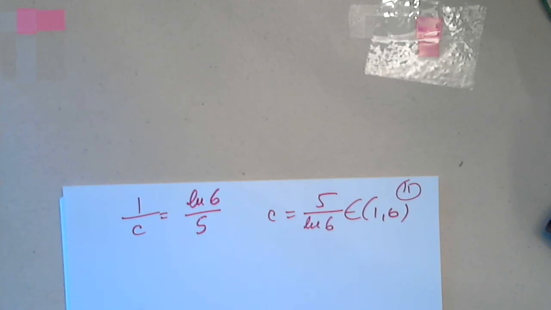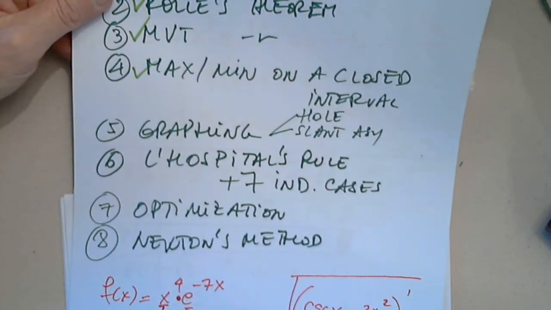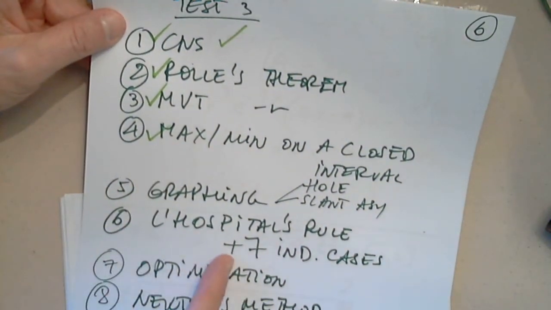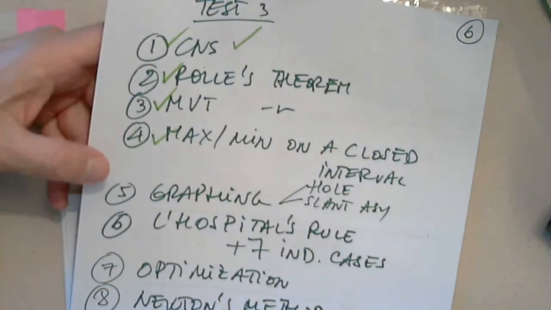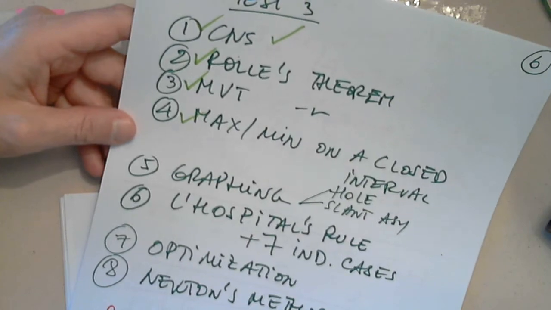Okay, so what do we continue with? We have Newton's method, optimization, graphing, and L'Hopital's rule. Would we do some optimization?